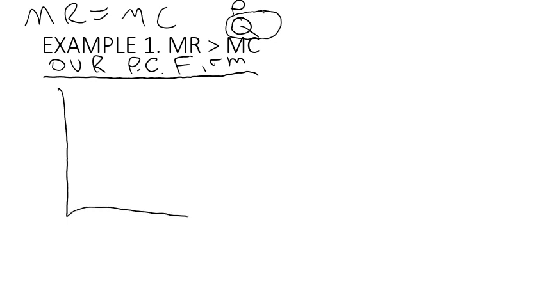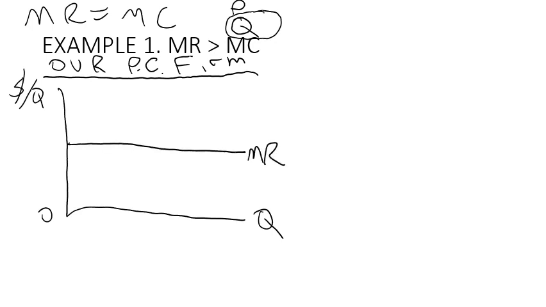And all that we need is, well, this would be the per unit designation, and this is the quantity designation. Except Q, quantity, in this diagram does not apply to the market quantity. It applies to the production of our individual firm. Okay, so let's do it this way.